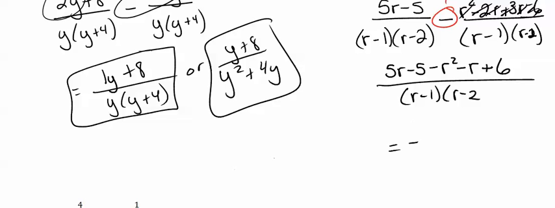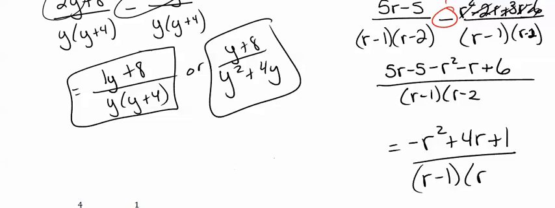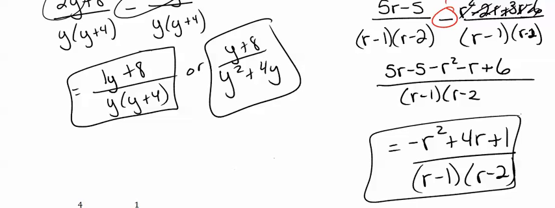Combine my like terms, I'll get negative r squared plus 4r plus 1 over r minus 1, r minus 2. Now my numerator here actually does not factor, so that's as far as we can go with simplifying that one.